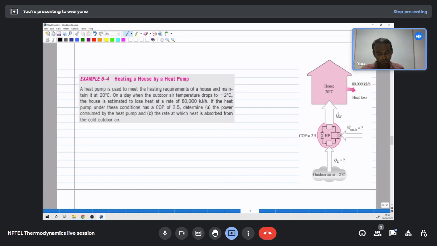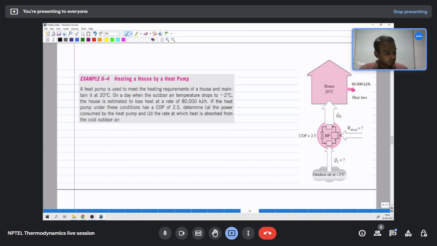Moving on to the next problem. We have a heat pump that is used to meet heating requirements of a house and maintain it at 20 degrees Celsius. On the day when the outdoor air temperature drops to minus 2 degrees Celsius, the house is estimated to lose heat at a rate of 80,000 kilojoule per hour. If the heat pump under these conditions has a COP of 2.5, determine the power consumed by the heat pump and the rate at which the heat is absorbed from the cold outdoor air.